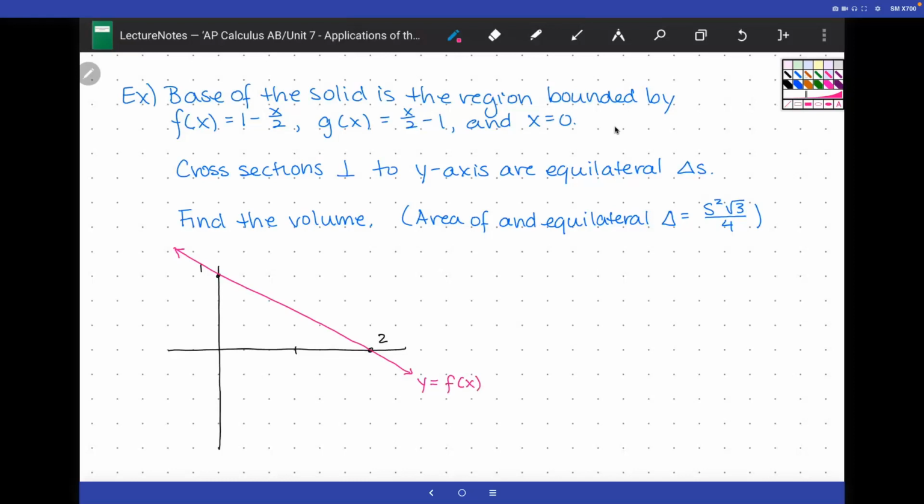g of x has a y-intercept of -1. Still going to cross the x-axis at 2 though. It's going to be this line.